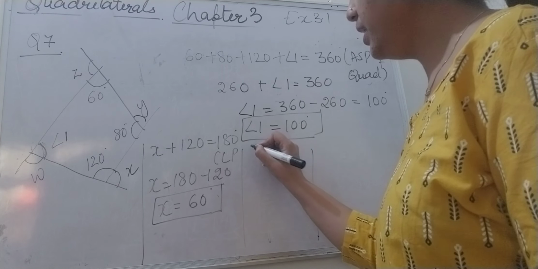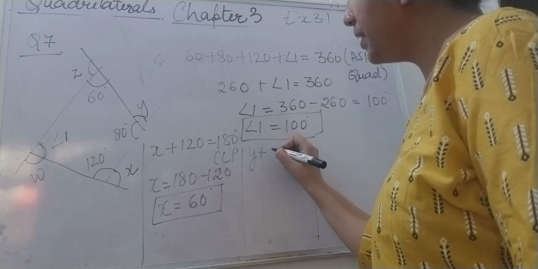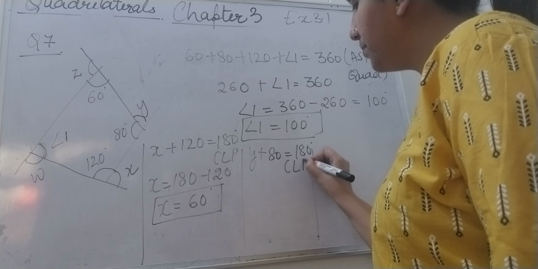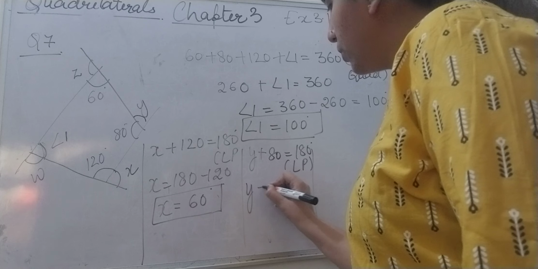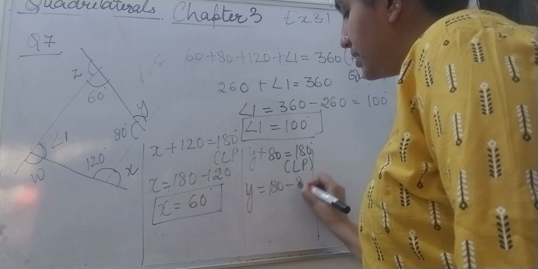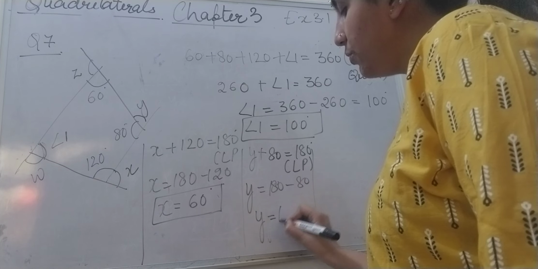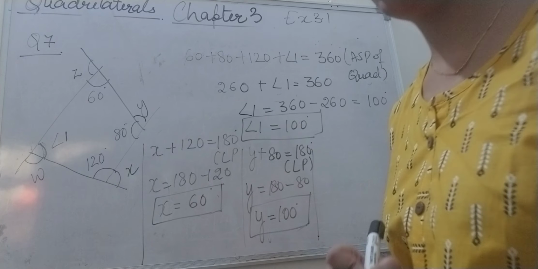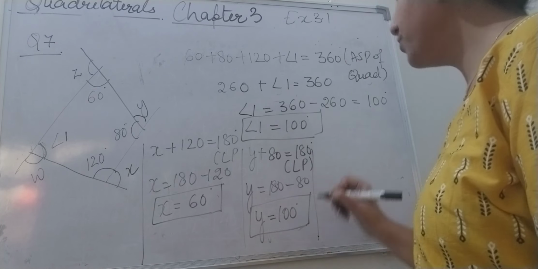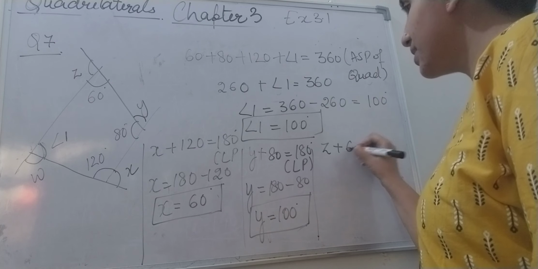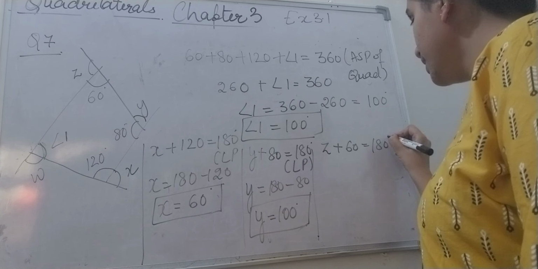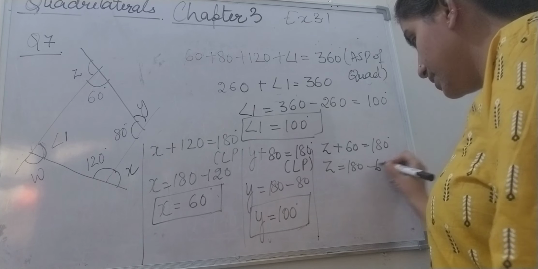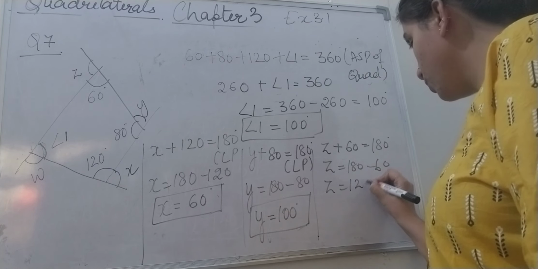Similarly for y, y plus 80 will again give us 180, linear pair. y equals 180 minus 80, y equals 100 degrees. Now you will calculate for z. z plus 60 equals 180. z equals 180 minus 60, z equals 120.